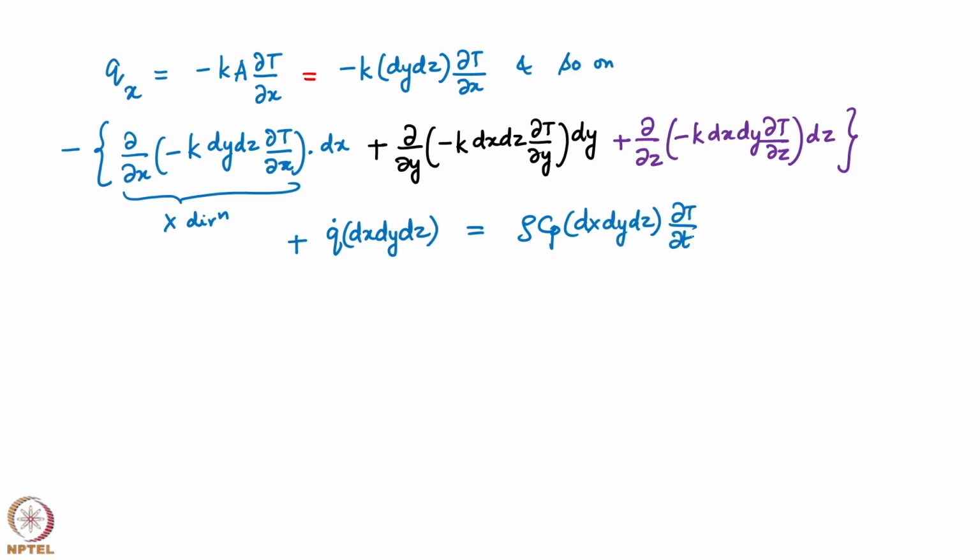Okay. So, you have a minus sign here and you have a minus sign inside the bracket, and dx dy dz is all common.